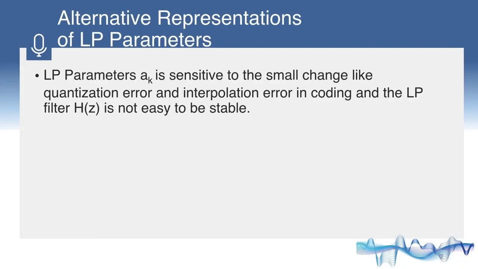In this session, we will learn some alternative representations of LP parameters, which are often used in speech analysis instead of LP coefficients. LPC is frequently used for transmitting spectral envelope information, and as such, it has to be tolerant of transmission errors.